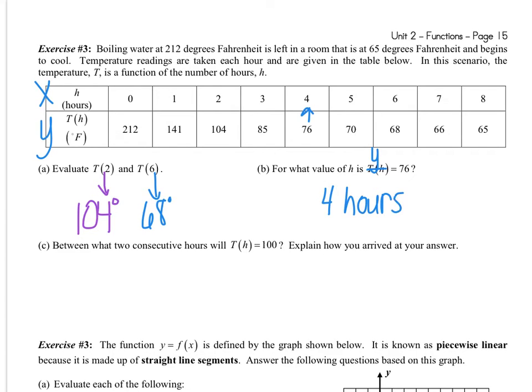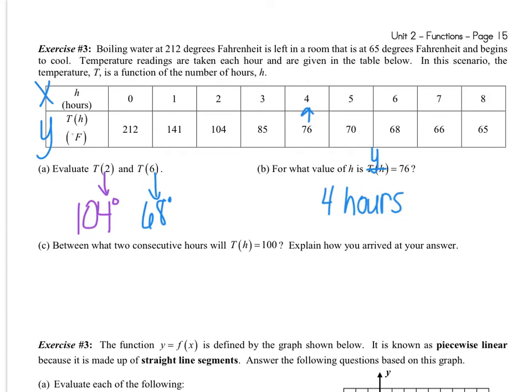So be really careful, because sometimes the numbers are not going to be so easy. Clearly we can tell that we're looking at the x's because it only goes up to 8, and our numbers in the y's are pretty high. I mean, 65 is the lowest number, and we can tell a difference, but it might not always be that way. Maybe this was 8, 7, 6, 5, 4, 3, 2, 1. So you have to be careful.